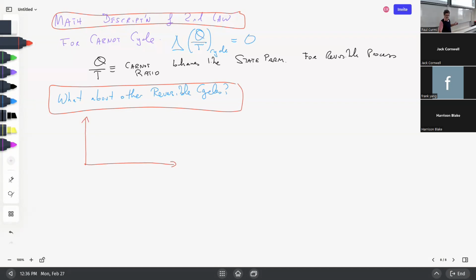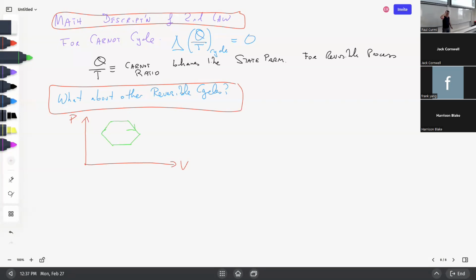I draw a PV diagram. Any favorite shape? Hexagon cycle. Very boring. Let's do it. I would have chosen duck, cat, bird, something. There's my hexagon cycle. It's reversible because I don't have dots.